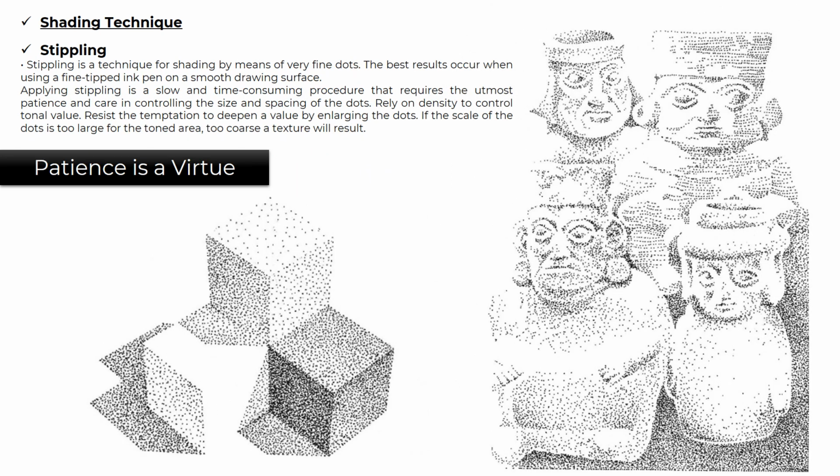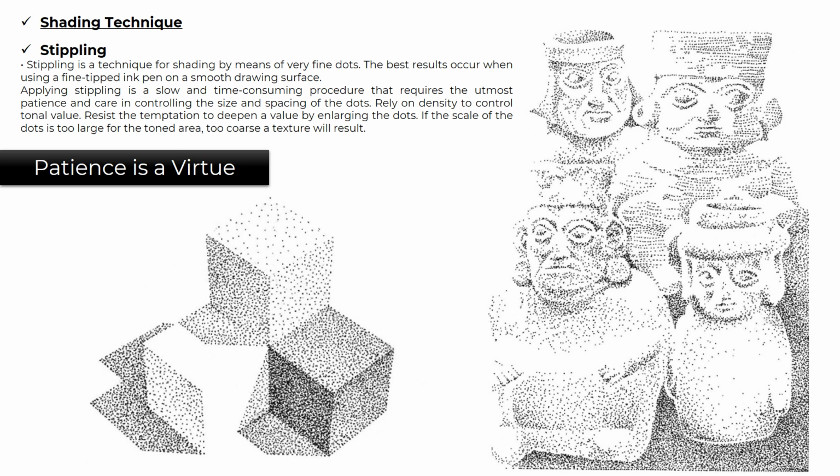And then the last shading technique we have is stippling. So stippling is a technique for shading by means of very fine dots. The best results occur when you're using a fine tip ink pen or a smooth drawing surface. So stippling is a drawing technique created by dots. So purong mga tuldok-tuldok lang yung stippling.